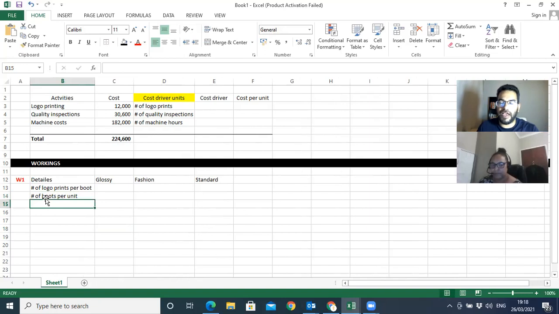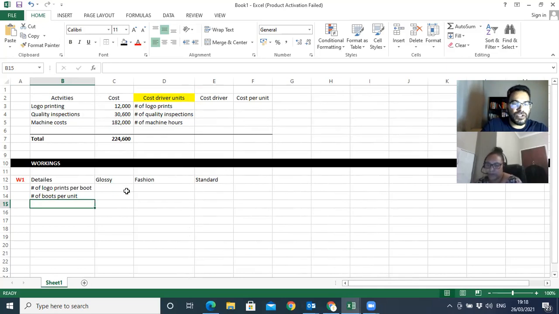Remember, they're giving me the number of prints per boot, but I know 1 unit is 2 boots, so you must keep note of that. But we want a total number, we don't want per unit. It's best to do activity based on a total level, and then at the end you do it per unit. The way the question is provided, they're giving me logo prints per boot, but I know each unit is made up of 2 boots.